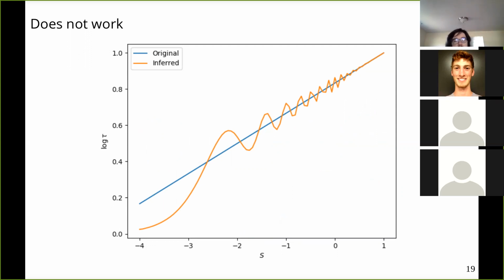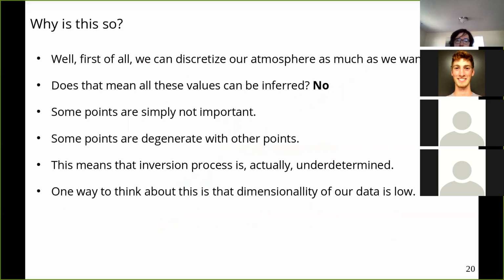In the general case, when we have all the dependencies and everything is nonlinear, this can be much worse than this. Which in principle means that I cannot infer any arbitrarily fine distribution of my physical parameters, right?